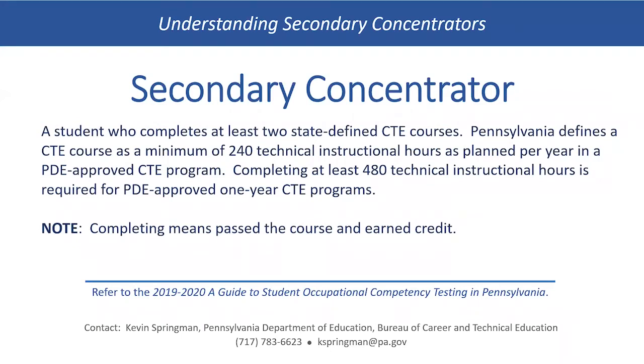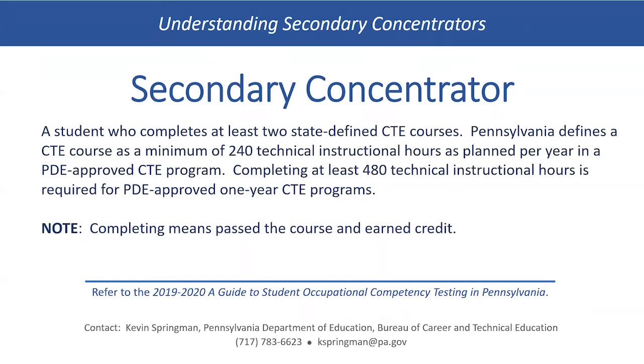We've had a couple of questions come up. Basically, you want to think in terms of your program as it's approved in CATS. If some of you haven't been in the CATS system, you might want to talk to somebody at the school who works with CATS and look at the scope and sequence page in CATS.